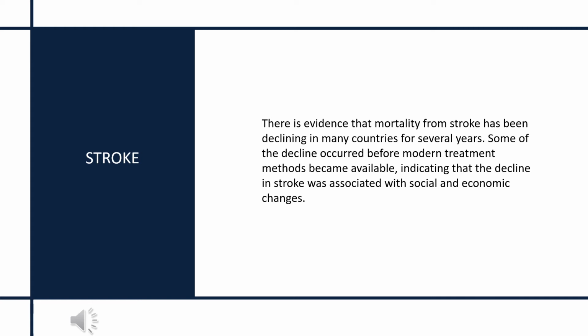This decline in mortality can be attributed to some social and economic changes. As the economic transition occurs, the access to healthcare facilities also improves, and the level of social change is also associated with declining mortality.